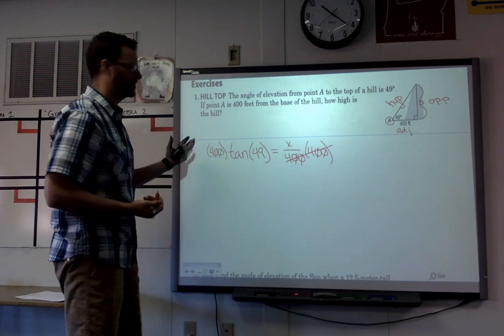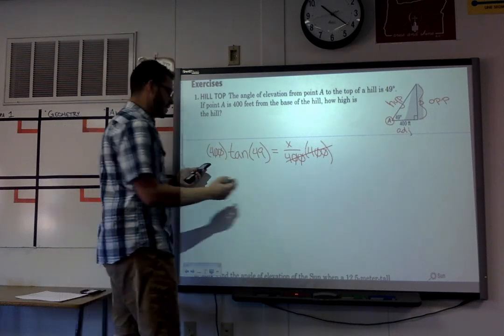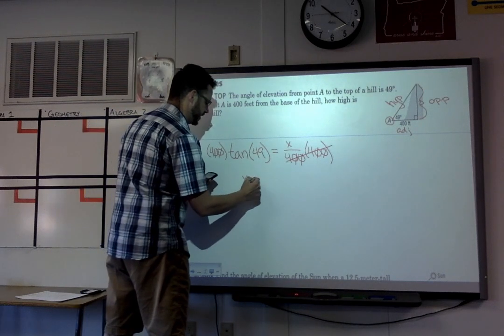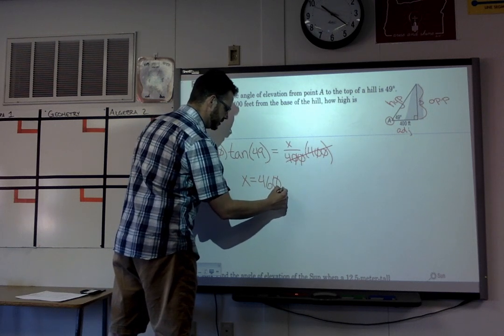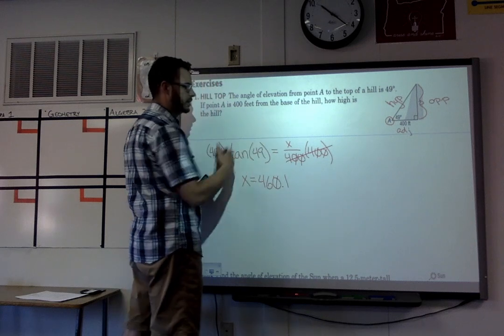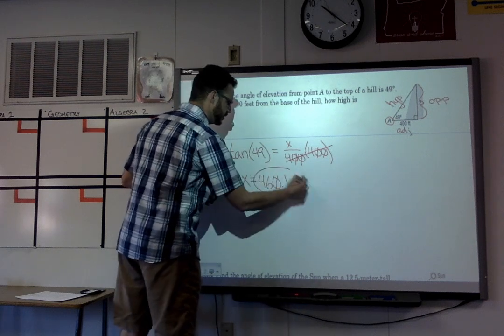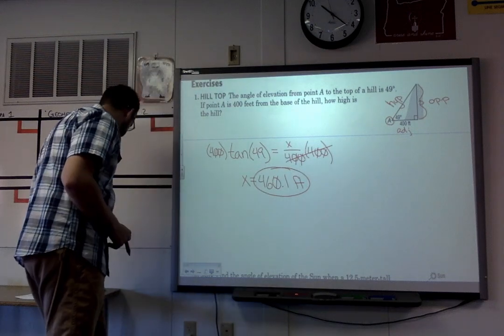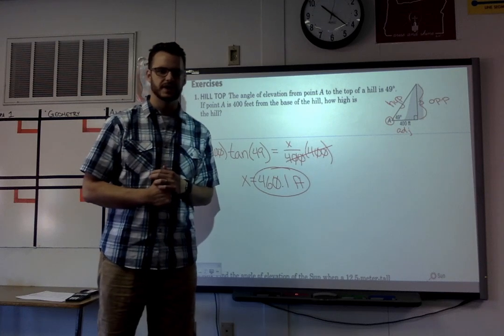If they don't tell us what to round to, always plan to go to the nearest tenth. So this would tell us that x equals 460.1. Since we're doing a real-world problem, we need a label, and it is feet. So using that, we can say that the hill is 460.1 feet tall.